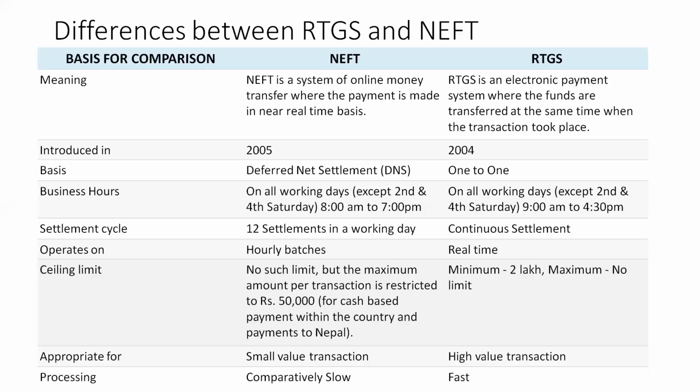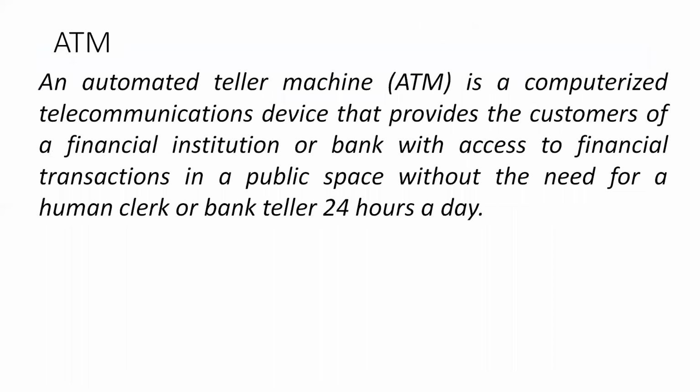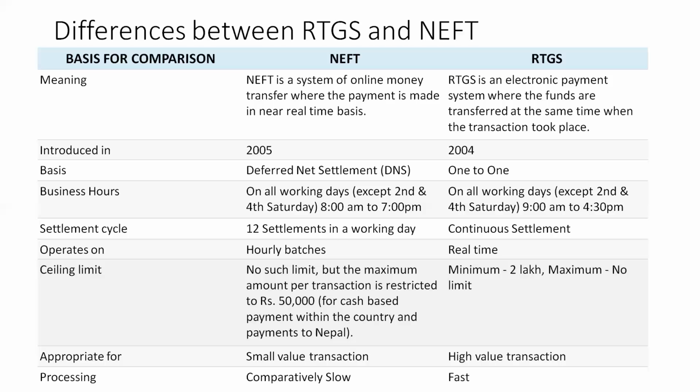Processing of a fund transfer by the banker is comparatively slow in case of NEFT, whereas it is very fast in case of RTGS. These are the basic differences between RTGS and NEFT. Many a time the question has been asked for 7 marks in the examination. Please be aware of this.